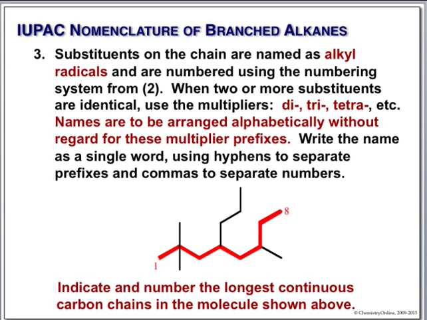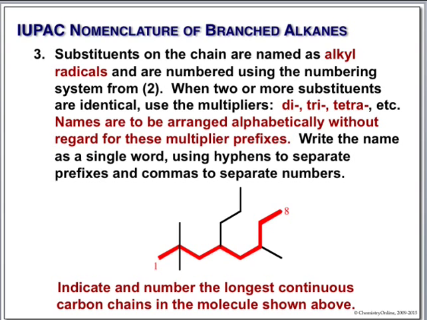I started numbering down here with this carbon because our methyl groups here are going to be in carbon 2 that way. If we started numbering here, our first substituent would be in carbon 3. So 2 is better than 3. Just keeping track of what we have here.